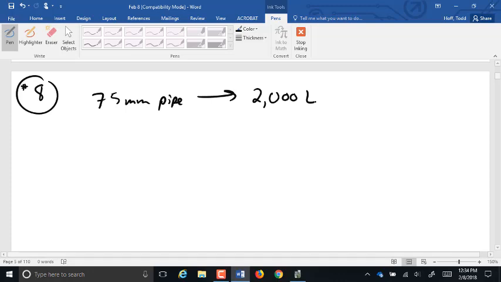If they want to upgrade the pipe to discharge 3,000 liters, what size do they need to use? So obviously the 75 is a dimension, it's a length, it's a diameter.